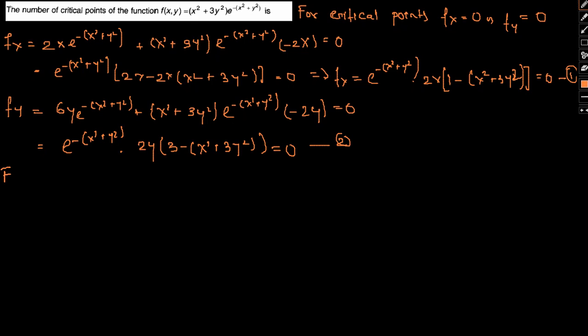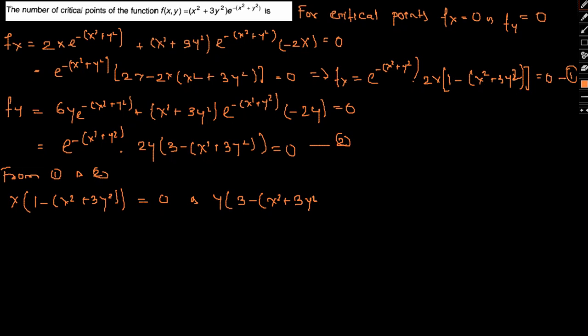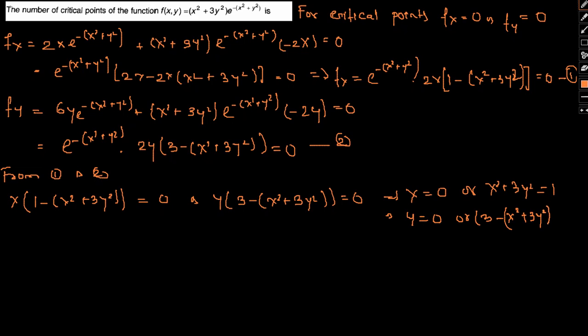Now from 1 and 2 we have x (1 minus x squared minus 3y squared) equal to 0 and y (3 minus x squared minus 3y squared) equal to 0, which would again give us x equal to 0 or x squared plus 3y squared equal to 1, and again y equal to 0 or 3 minus x squared minus 3y squared equal to 0.